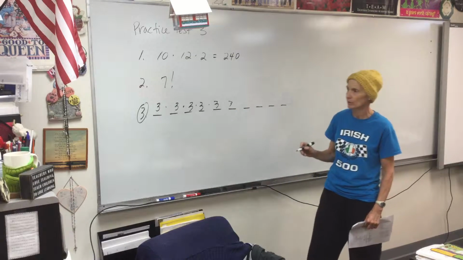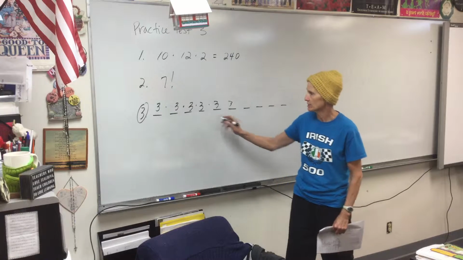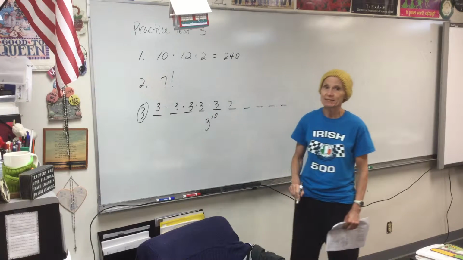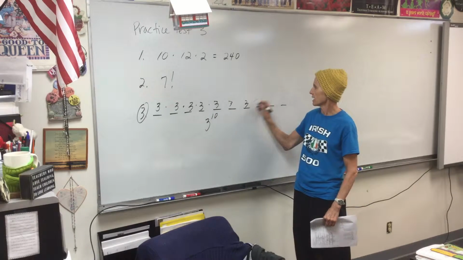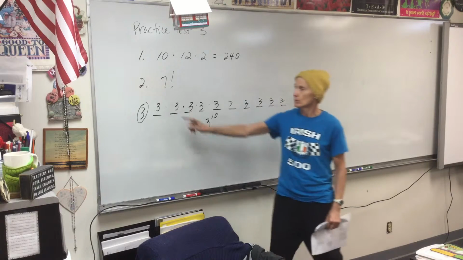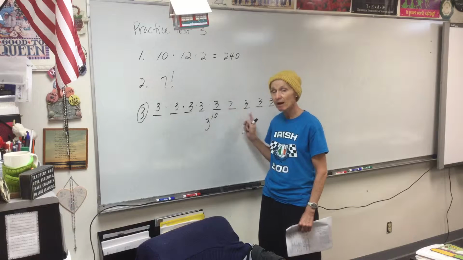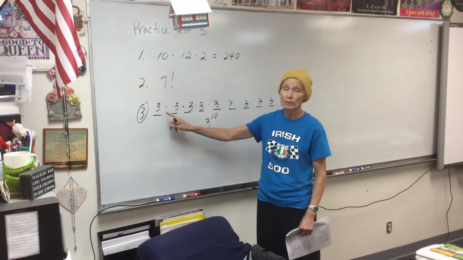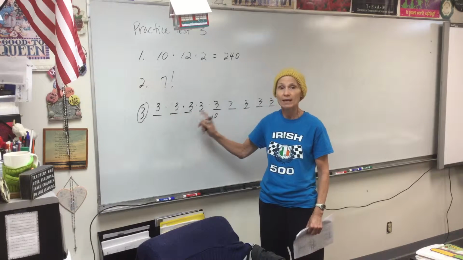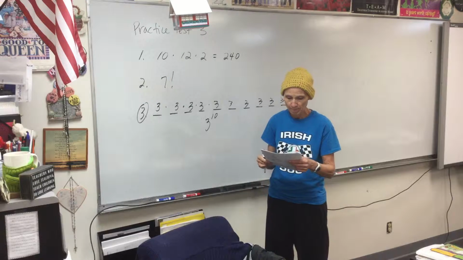So my answer, since there are 10 questions, is going to be 3 to the 10th power, because I am going to multiply 3 options times 3 options times 3 options 10 times, because I'm going to answer question 1 and 2 and 3 and 4 and so on.